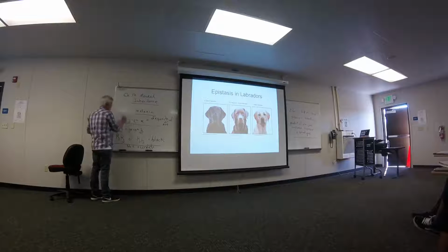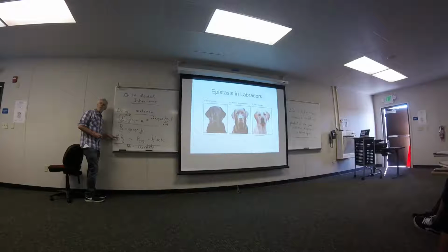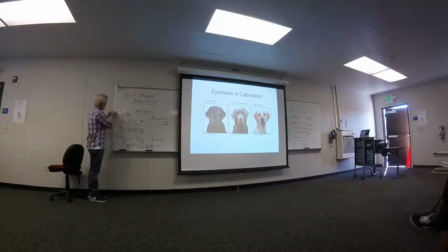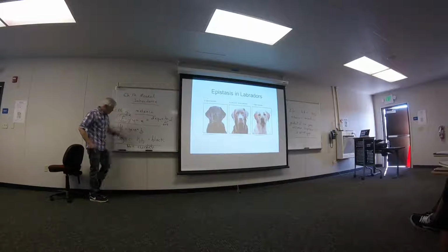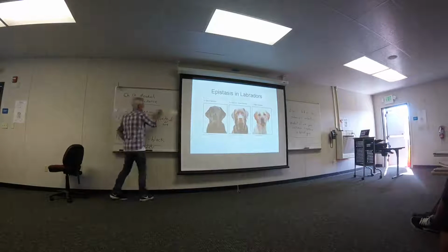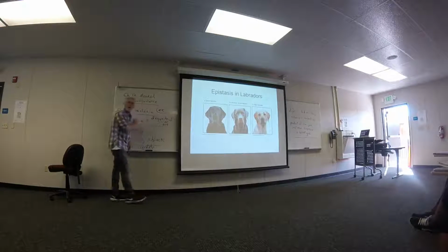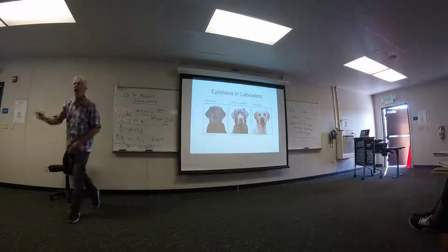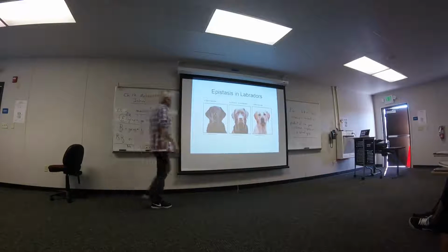If you have a dominant allele, in other words, if you're homozygous dominant or heterozygous, and you have a big B gene, you're going to be black if you're a Labrador. If you're homozygous dominant or heterozygous for E, and you're homozygous recessive for B, you're going to be chocolate. But if you're homozygous recessive for this E gene, you deposit almost no melanin, and you come out yellow.